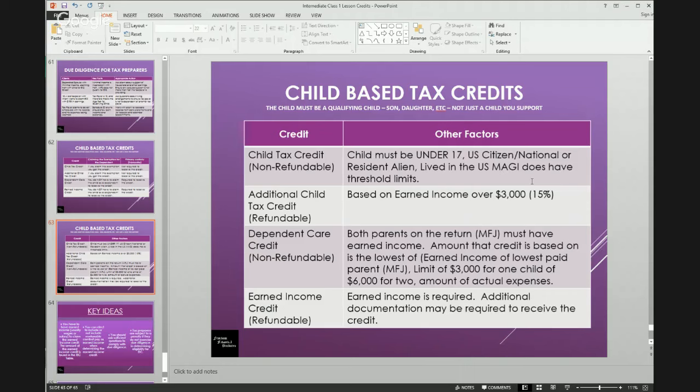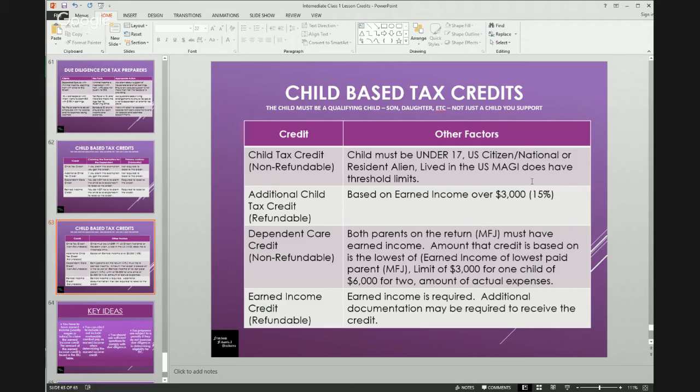Dependent care credit. This is non-refundable. It is only used to set your tax liability down to 0. Both parents on the return must have earned income. The amount of the credit is based on the actual expenses and the lowest earned income of both parents.